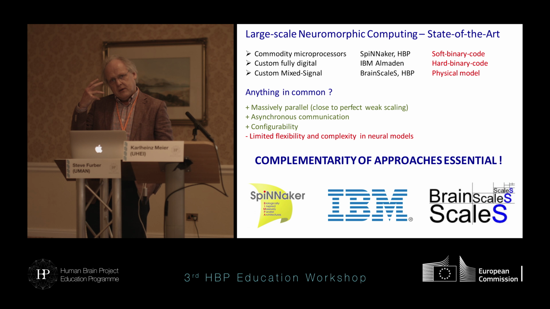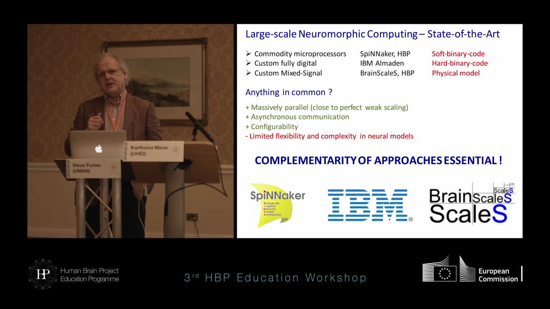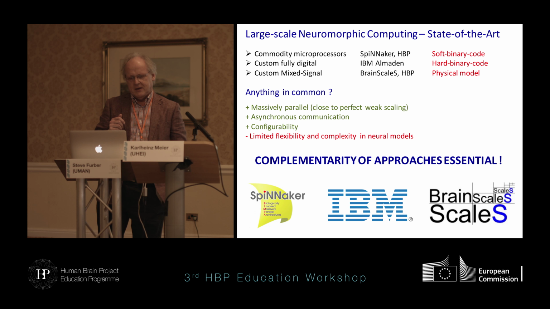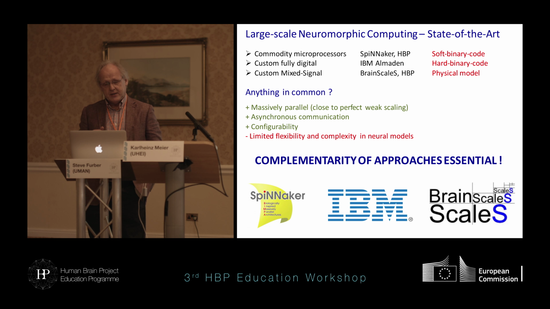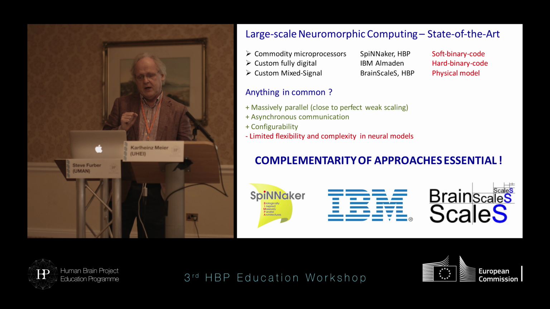And they all represent trade-offs. I mean, this is a fundamental thing you have to understand about neuromorphics. There's always a trade-off. If you want complete generality, then you want to use a big supercomputer where you can do anything you like. There's a trade-off there, it won't go as fast. But a typical trade-off in these neuromorphic systems is that, to some degree, the flexibility and complexity of the neural model has been restricted in some way.